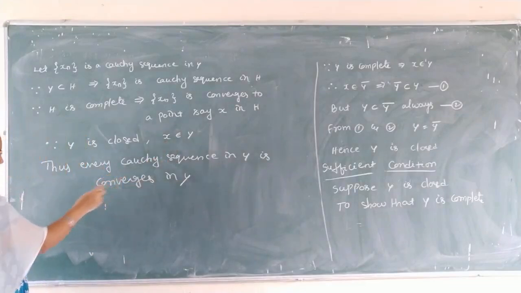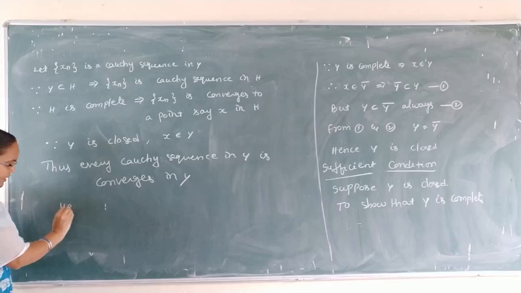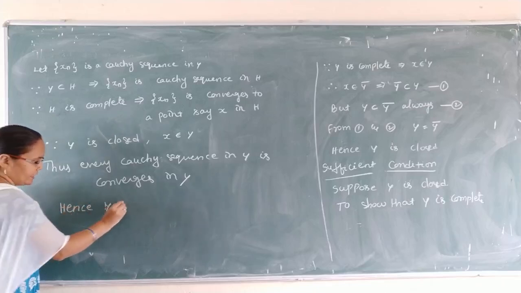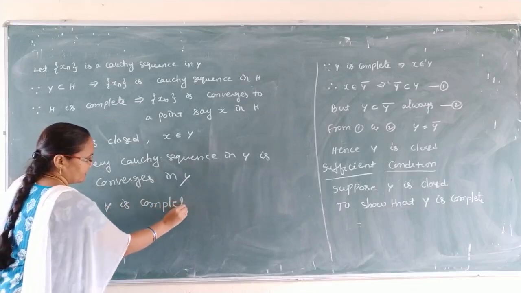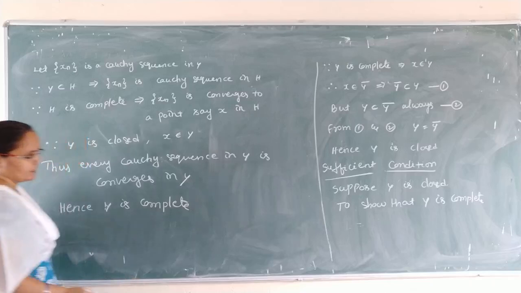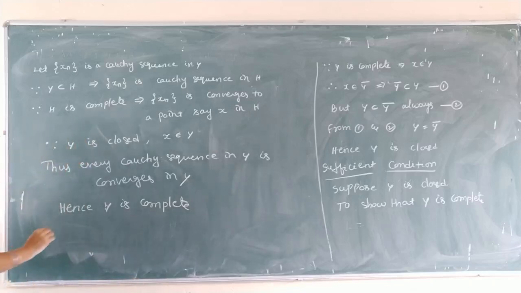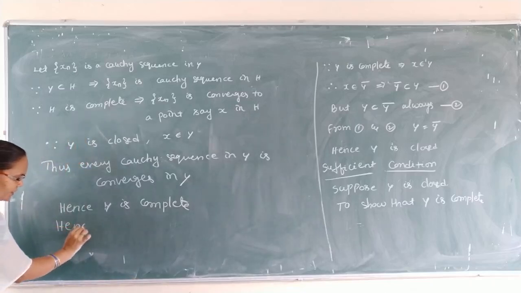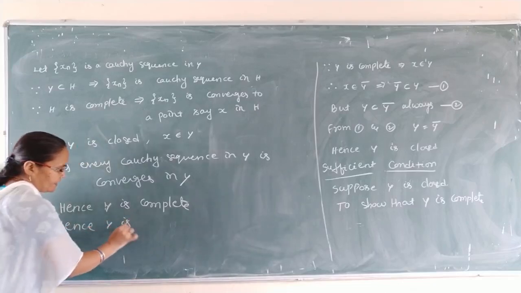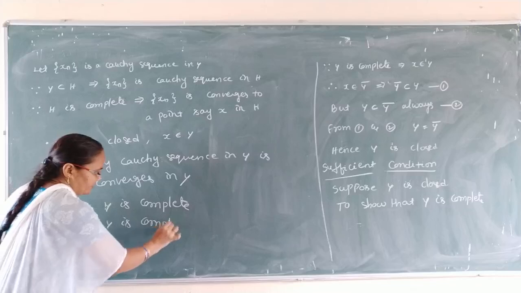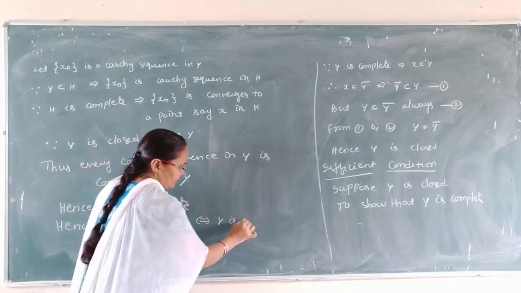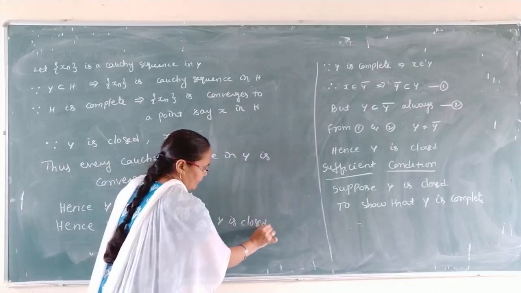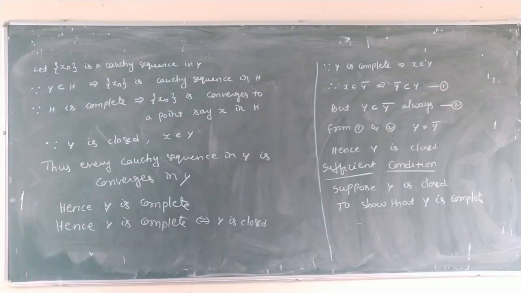Every Cauchy sequence converges, so the space is complete. Hence y is complete. This is our required sufficient condition. Finally, hence y is complete if and only if y is closed. This is our required first point of this theorem.